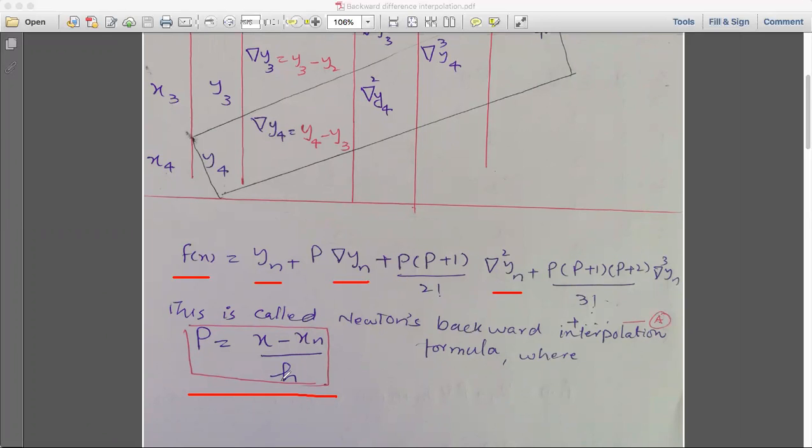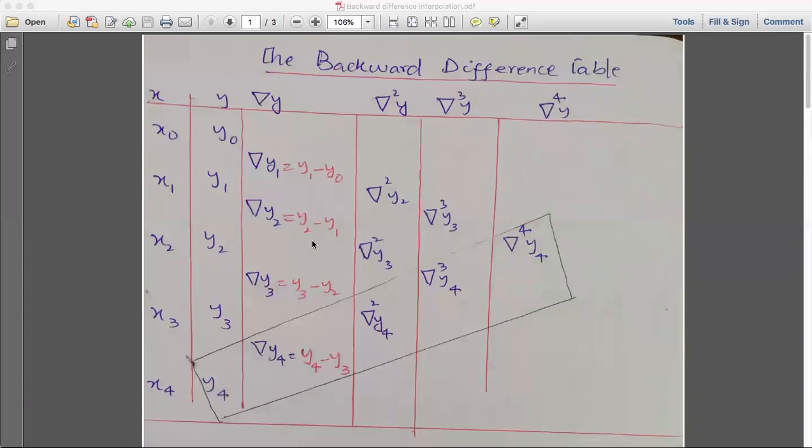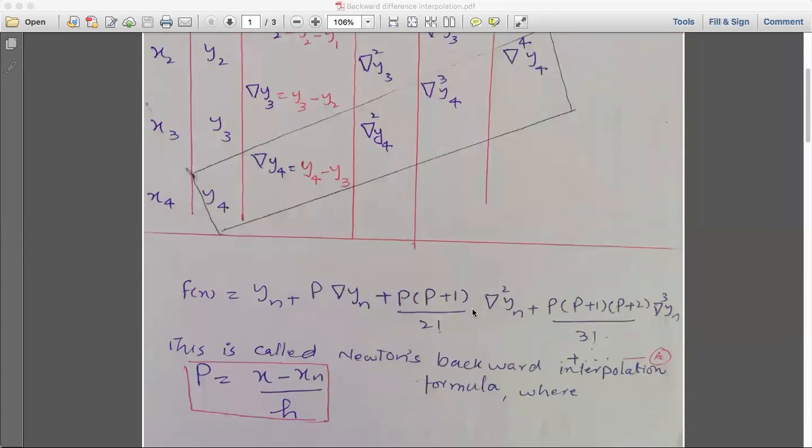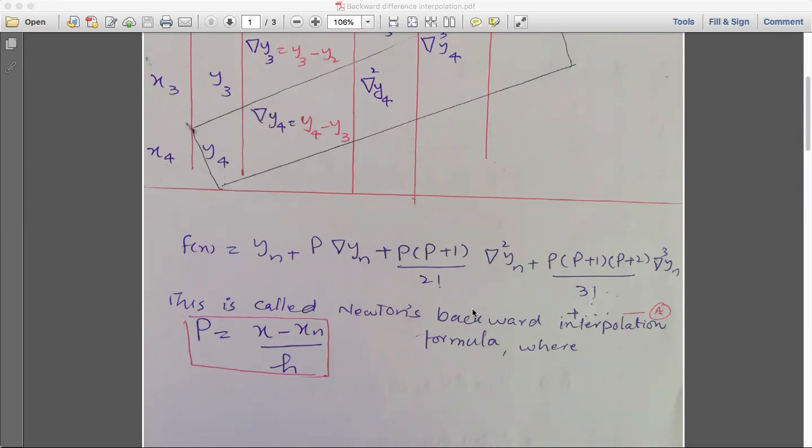And also we will use this backward table. This is the backward difference table, you can see, and this is the formula, Newton's backward interpolation formula, to find the functions.